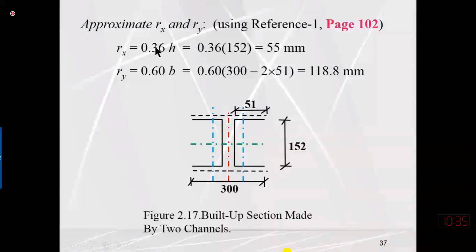If you open page number 102 on your LRFD manual, page number 102. I will urge you to open page number 102 so that you can see the relationship, but I will also show you here.